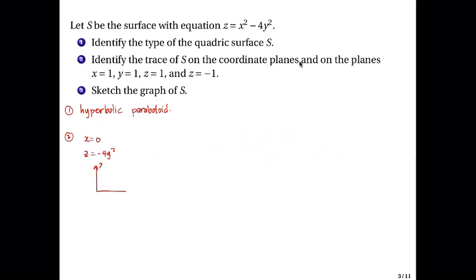This is your z, this is your y, and I need the lower part of z and the negative side of y, because this is a parabola. If this is the orientation, this is a parabola opening downwards. So let me redraw the axes. You have your z here, your y here, and then the parabola will be something like this.